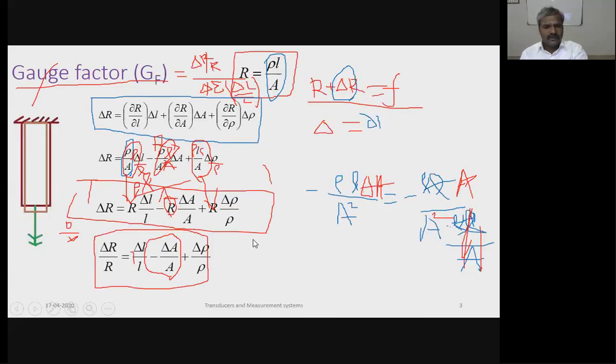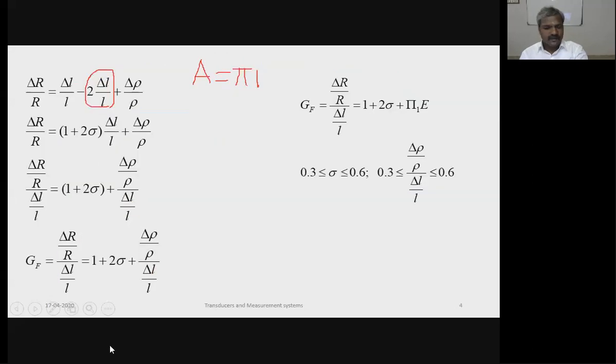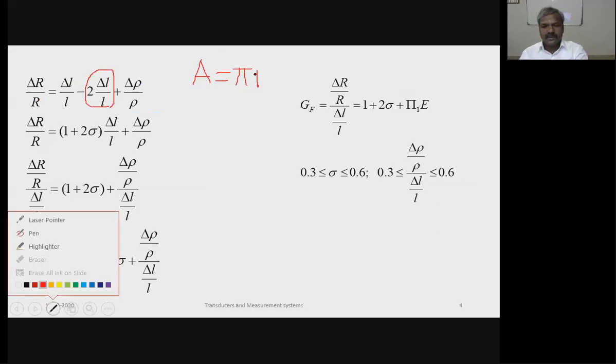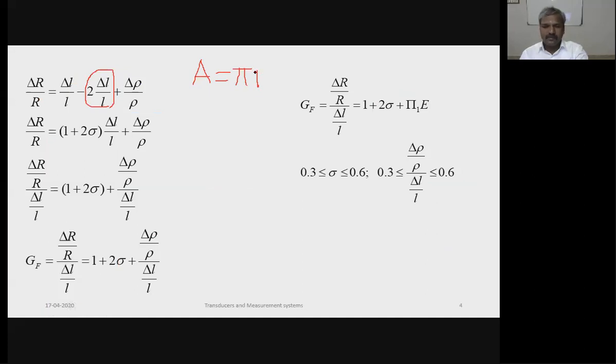So here, del R by R equal to del L by L minus del A by A plus del rho by rho. We know that the area of cross section of the cylindrical rod or wire is pi d square by 4.